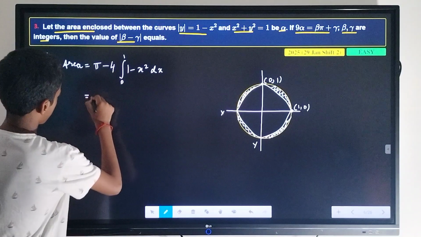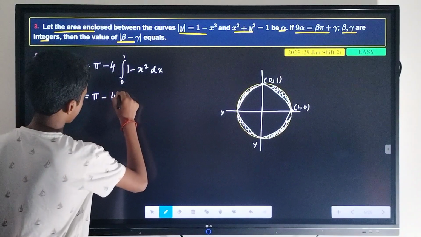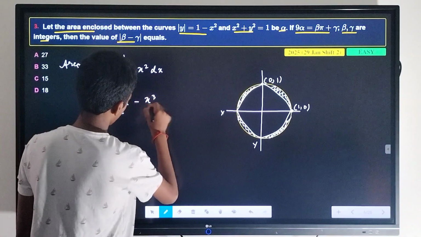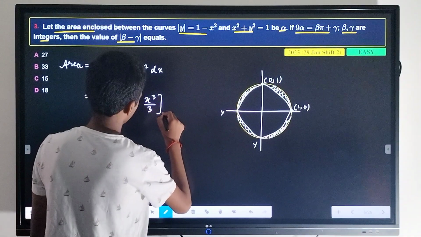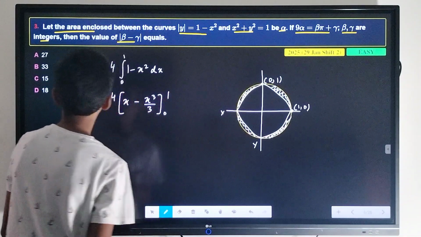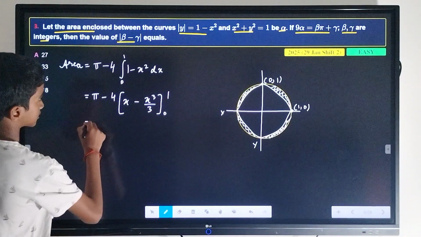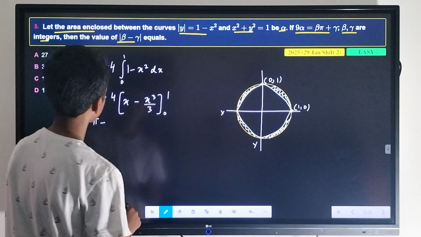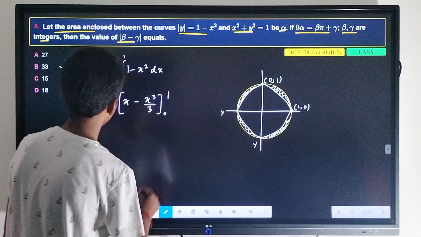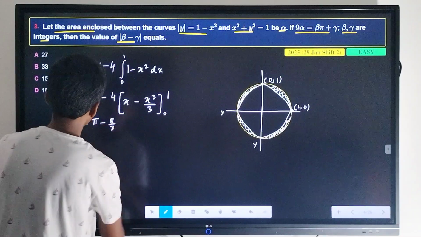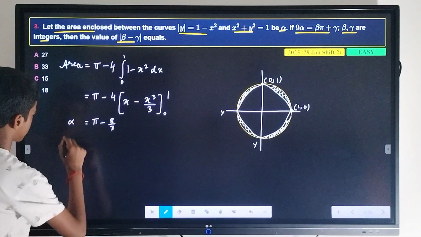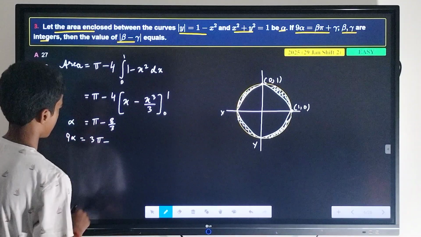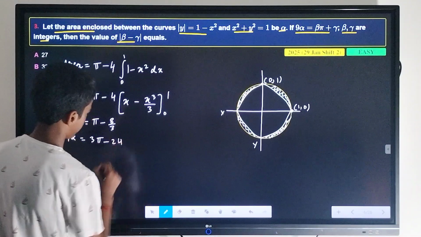So from here this is equal to pi minus 4 times x minus x cube upon 3 from 0 to 1. So from here this is equal to pi minus 8 by 3, and this is equal to alpha, so 9 alpha is equal to 3 pi minus 24.